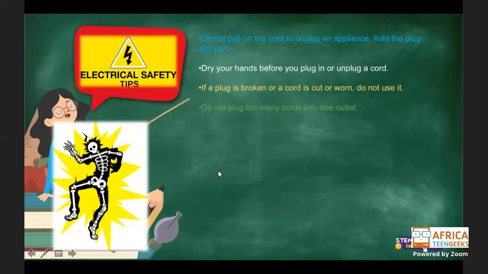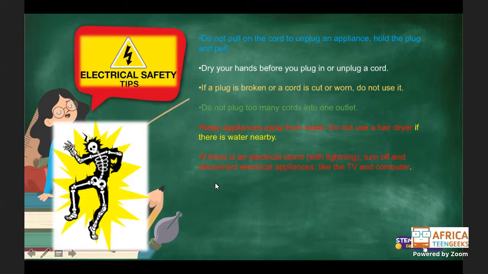Do not plug too many cords in one outlet. Do not overload the cord. Keep appliances away from water. Do not use a hair dryer if there is water nearby.